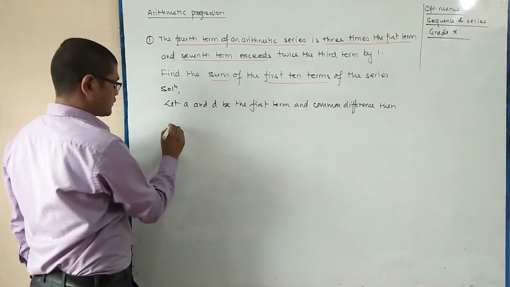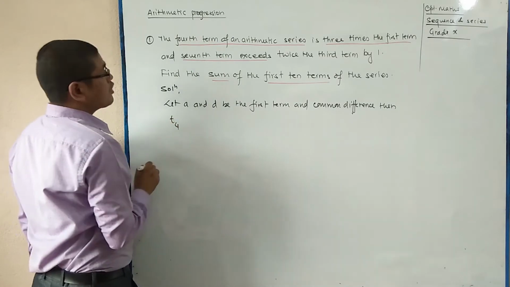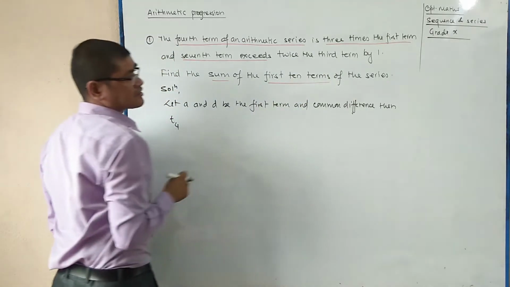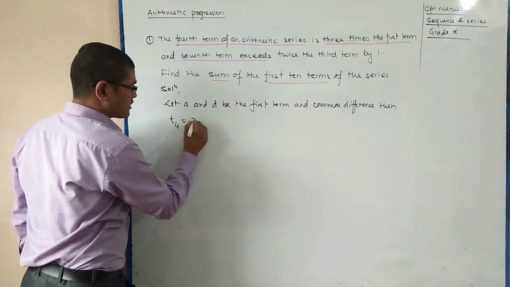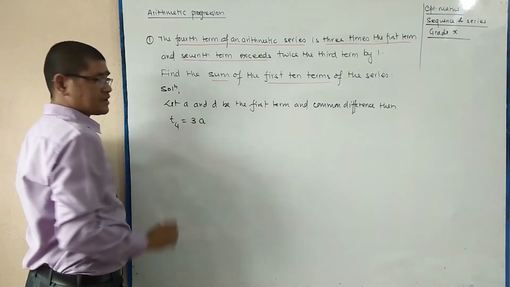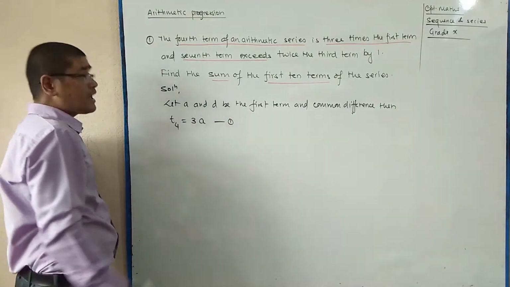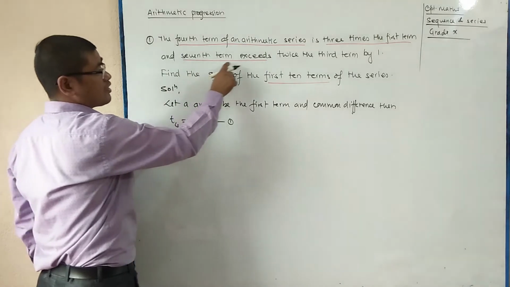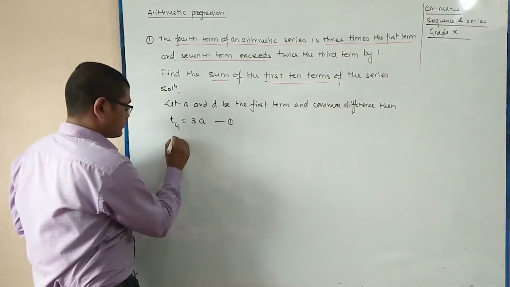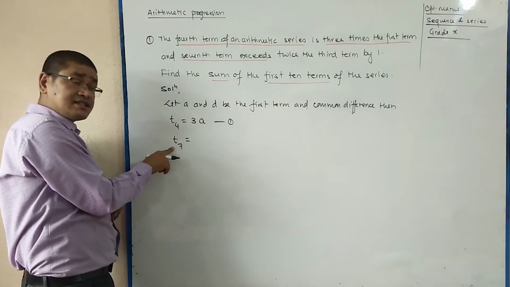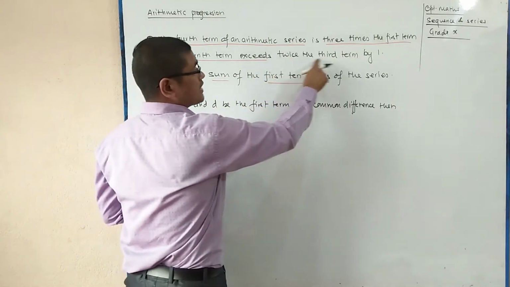Then see, let's make the equation for the first condition. The 4th term T4 of an arithmetic series is thrice, or 3 times, the first term, means T4 equals 3 times T1. Okay, this is our first case. And the 7th term T7 exceeds twice the third term.